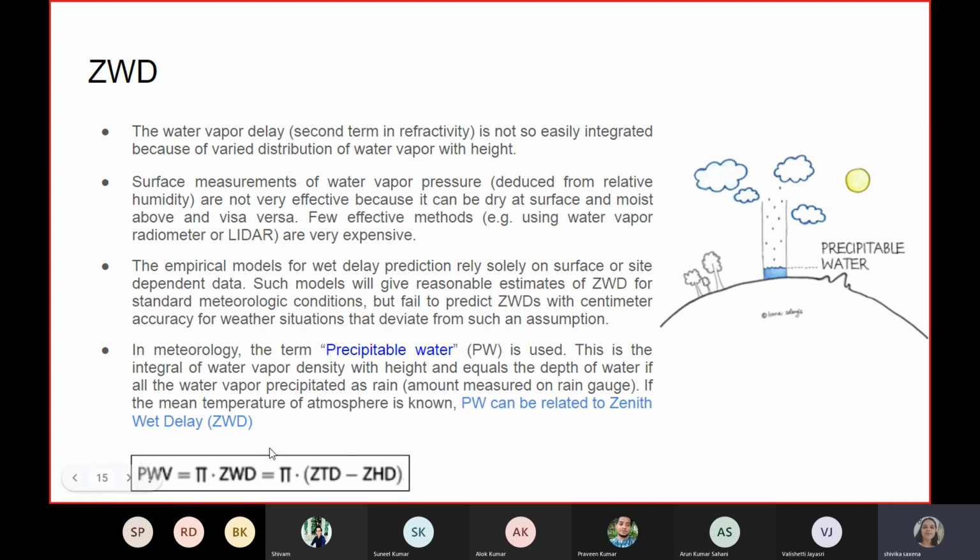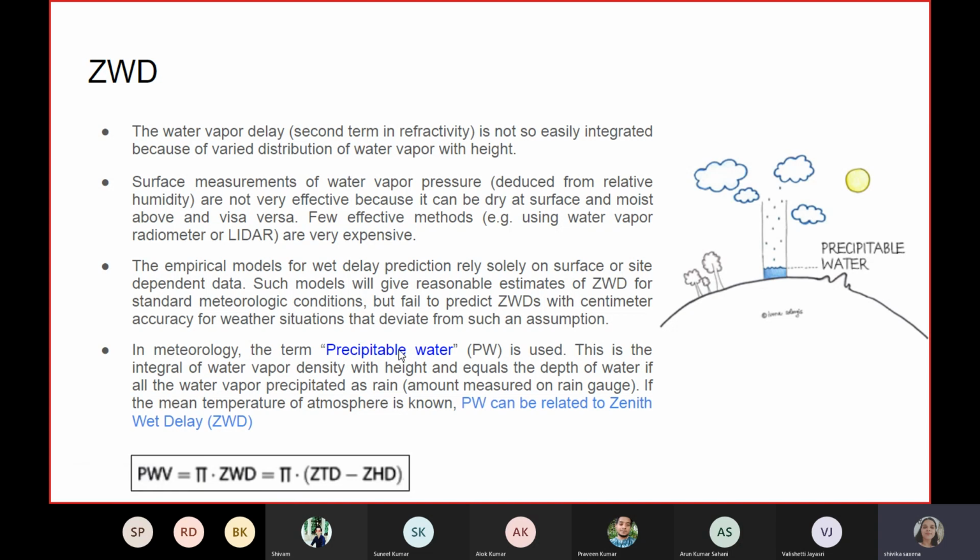So this is how we arrive at zenith wet delay, and one of the very popular tropospheric products is known as precipitable water vapor, and that is obtained by multiplying a factor pi with the zenith wet delay.